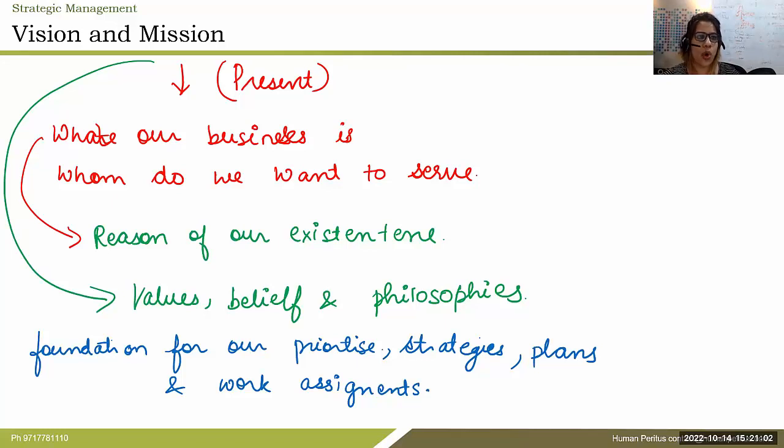So you understood what vision and mission is, right? Any question that you want to ask? If there is something that you have not understood about vision and mission, please tell me. You've understood, right? Let's just have a simple difference diagram so that you are able to understand it much better, right?